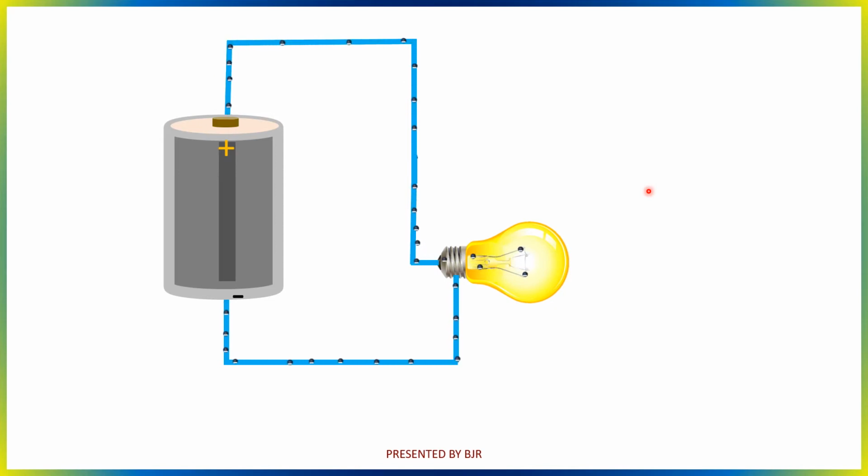So electron current is nothing but the direction of negative charges, that is electrons, in a conductor, and electron current is always from negative to positive terminal of the battery.